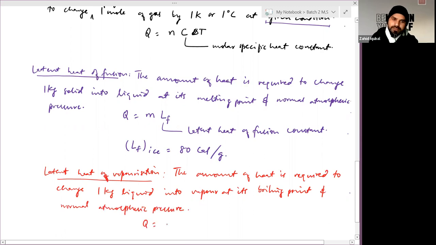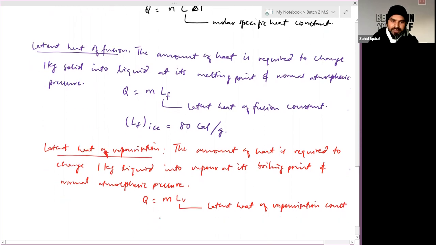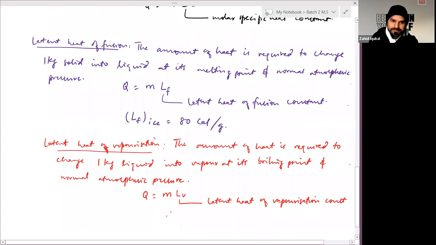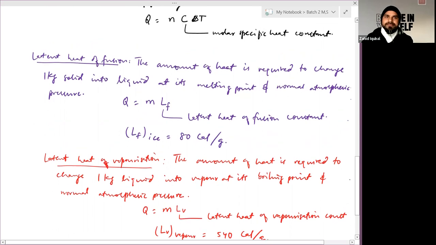So Q equals mass of substance times latent heat of vaporization constant. So this LV is called the latent heat of vaporization constant. And for vapor, it equals 540 calorie per gram. Just write it down to this part.